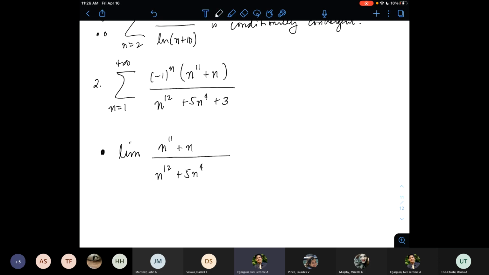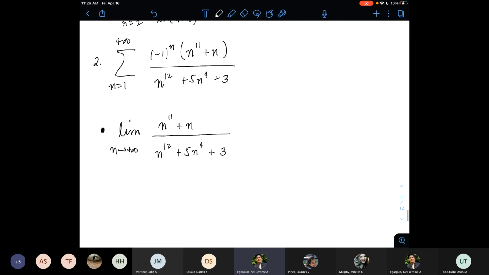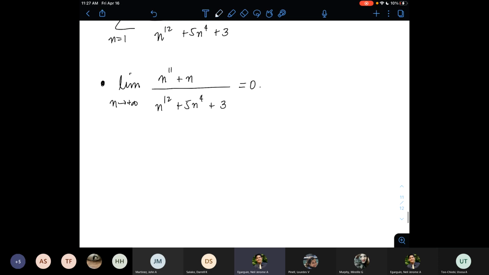If the limit is not equal to 0, then the series with the absolute value will be divergent. Now, the degree of the numerator is 11 and the degree of the denominator is 12. The denominator wins, so the limit is equal to 0, and we can proceed with the alternating series test.